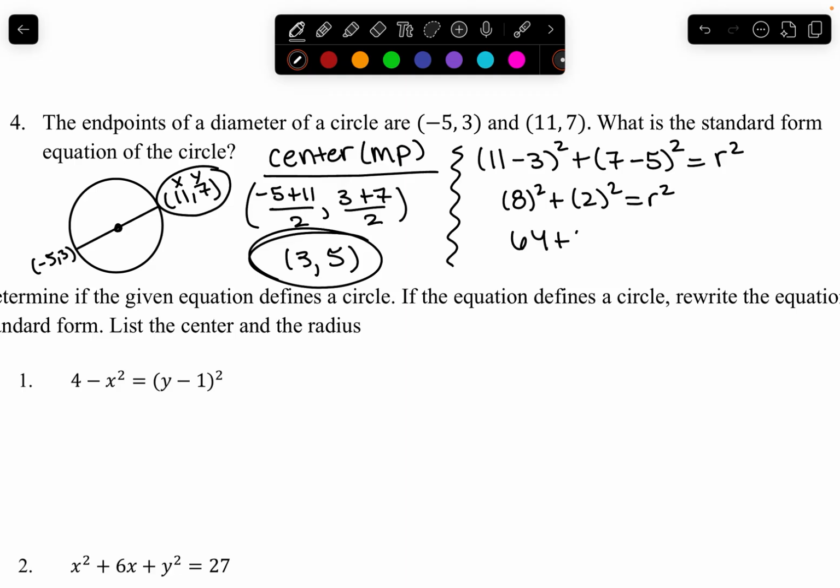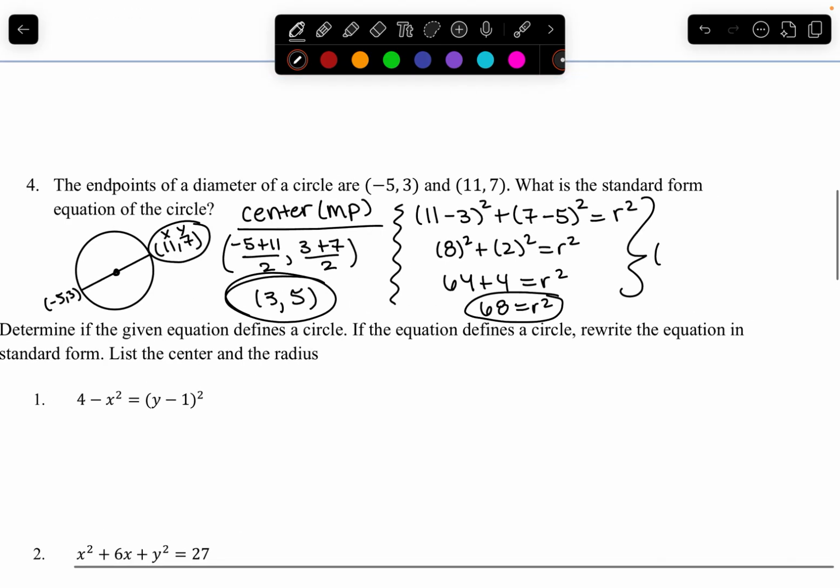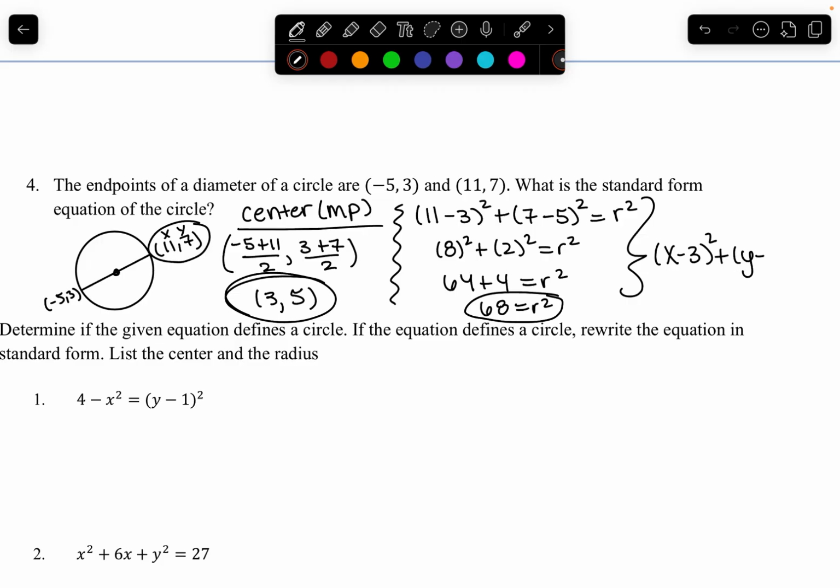This is 64 plus 4 equals r squared. And I get 68 equals r squared, and I'm not going to go past that. And then my final answer will be x minus 3 squared plus y minus 5 squared equals 68. And there we go.